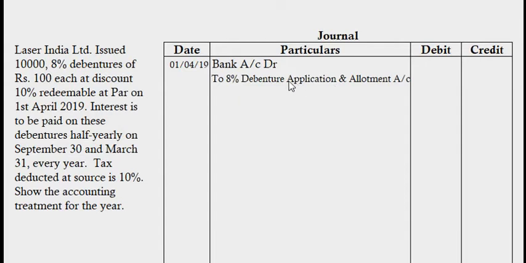Next we have to find how much money will be received. So issued 10,000 8% debentures of rupees 100 each at a discount of 10%. So this 100 rupees debenture is issued at a discount of 10%, that is for 90 rupees. So 10,000 into 90 rupees, that is 9 lakh rupees.